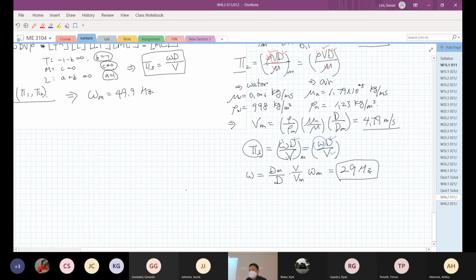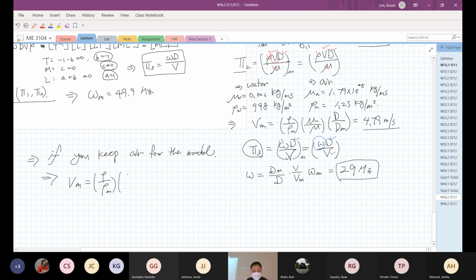Why do they use the water instead of the air here? If you use the air, the Vm, of course, the equation is the same because of the similarity.